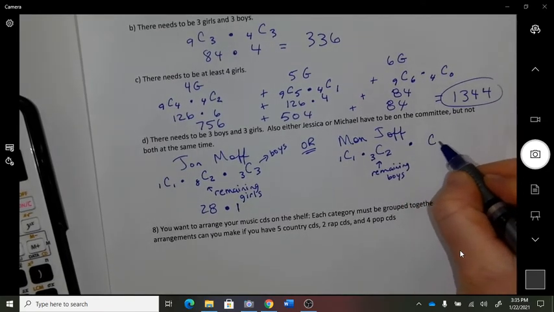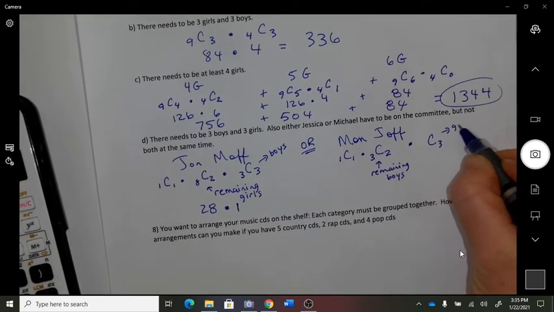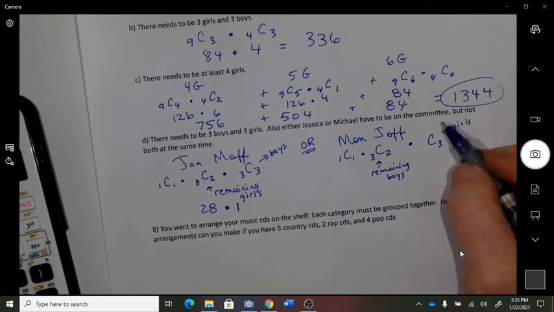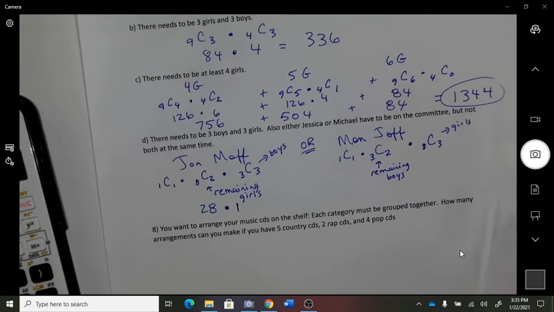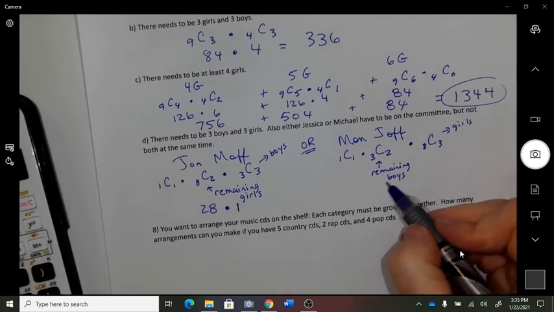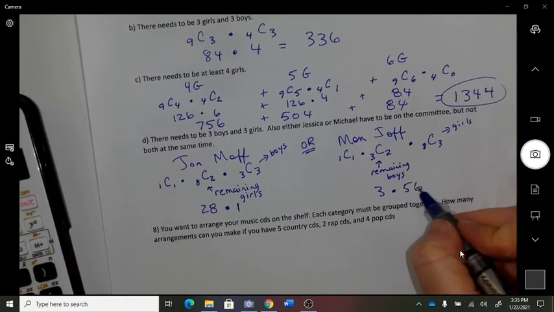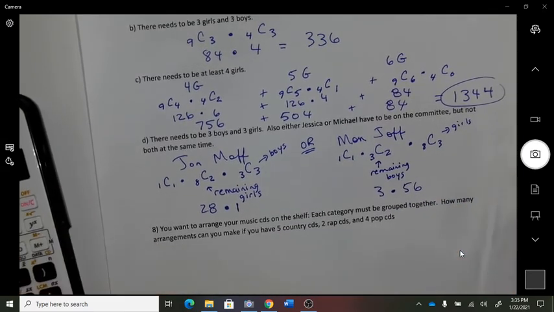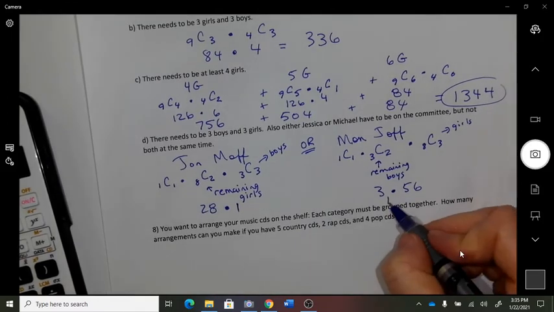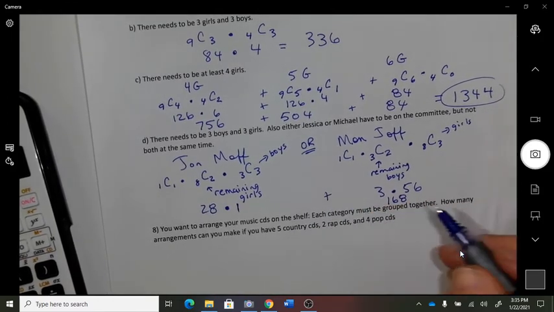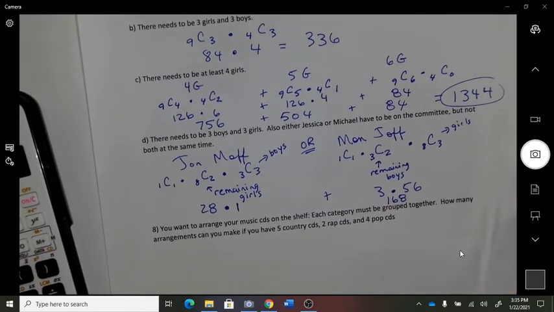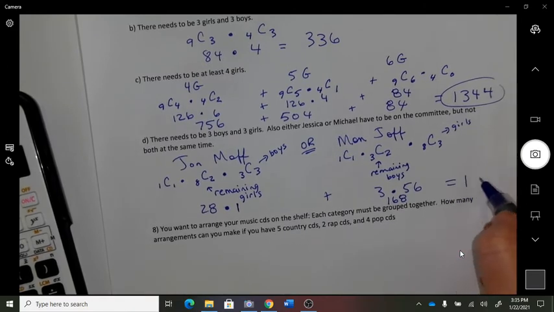And then girls, you need 3 girls, and you only have 8 girls that you can pick from. So this is 3, and 8 choose 3 is 56. Okay, so if we add those together, we get 196.